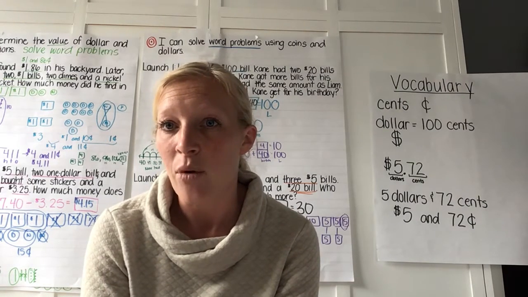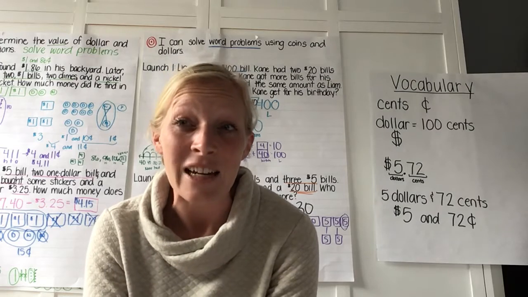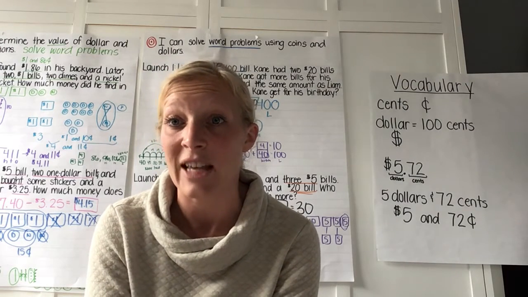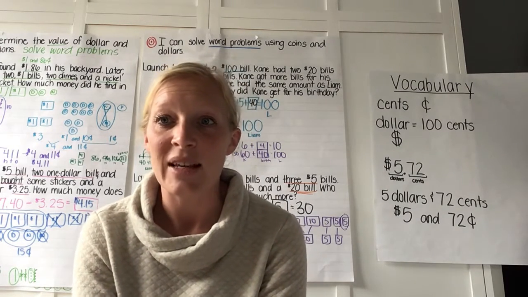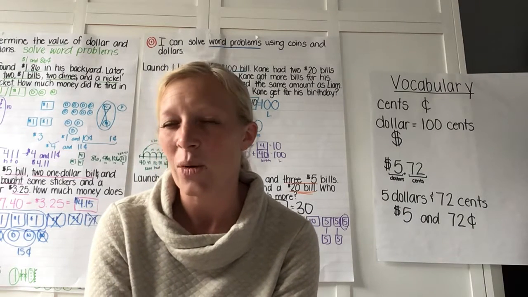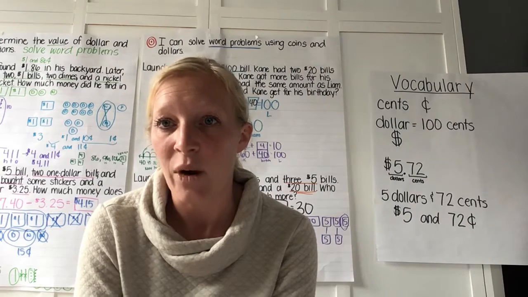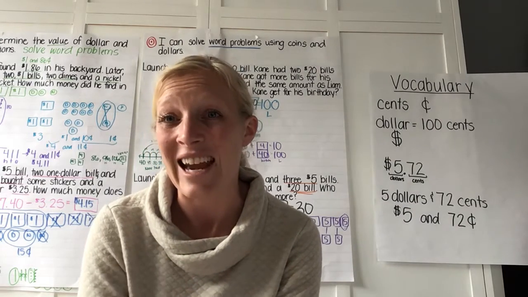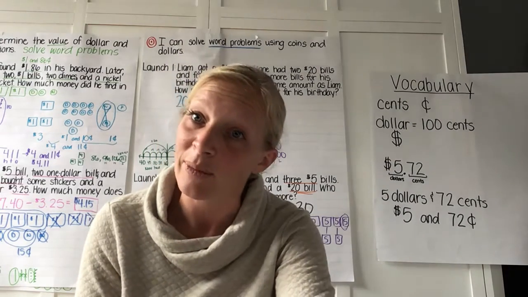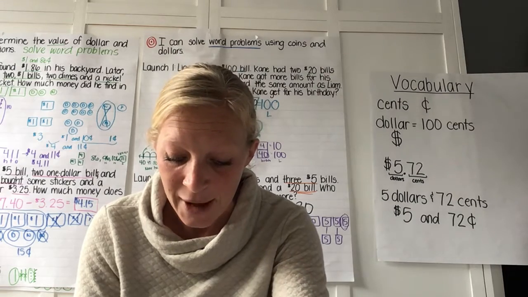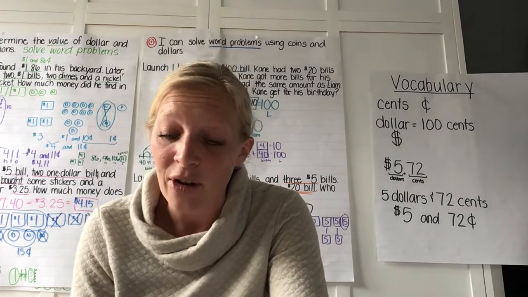I'll look at that a little bit more later on, but right now I'm leaning toward doing the lesson 25 assessment from the book and using some of that information, because some of the questions are just coins, just to check in and see where we are and how they're retaining that information from earlier in second quarter.